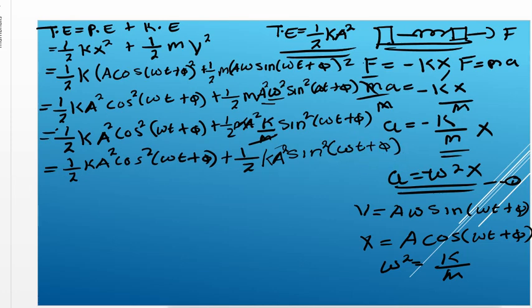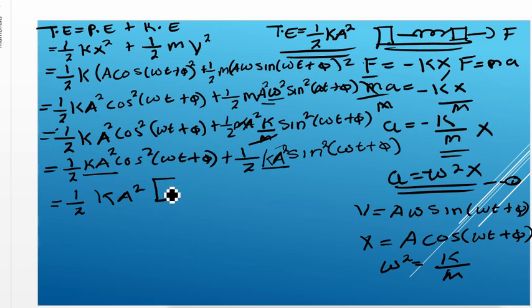Now notice that we have k A squared, k A squared. We have 1 over 2, so we can factorize everything. So when we factorize, we're going to have 1 over 2, and we're going to factor out k A squared.